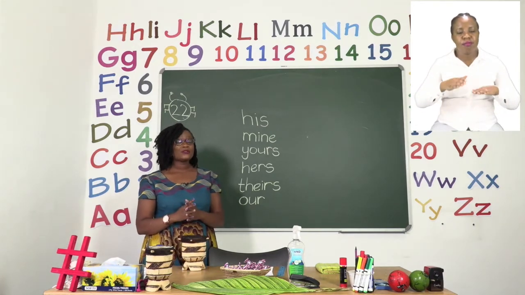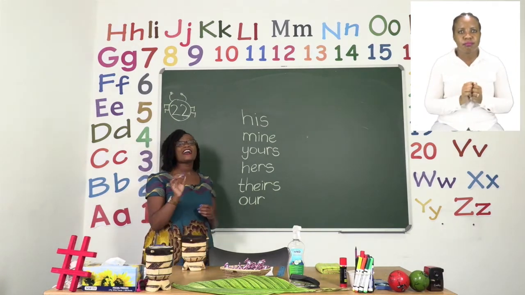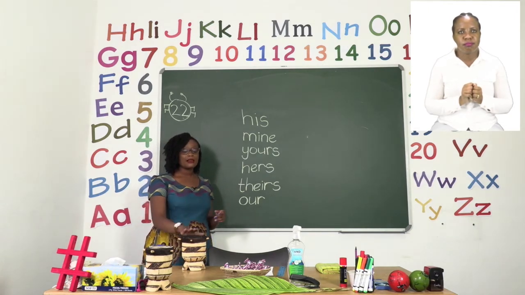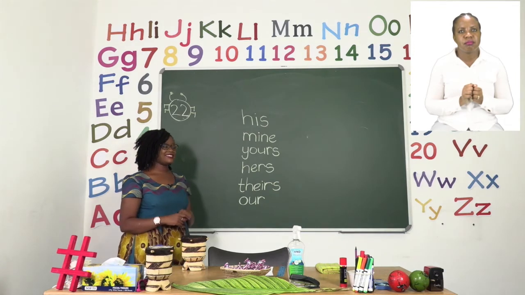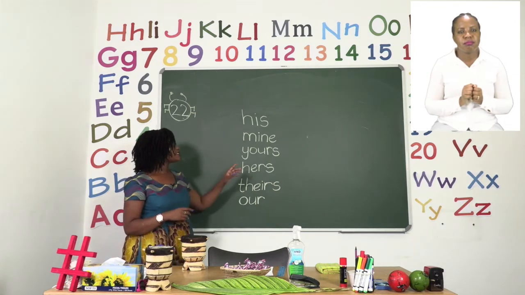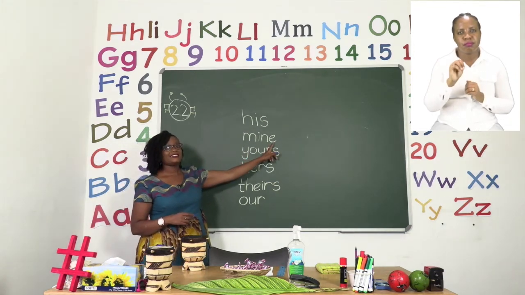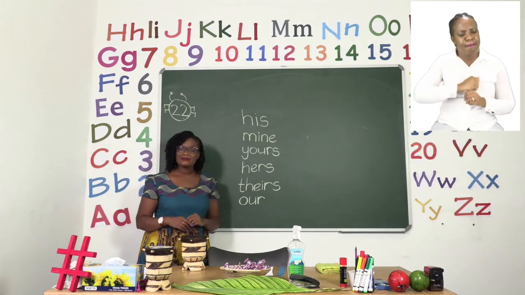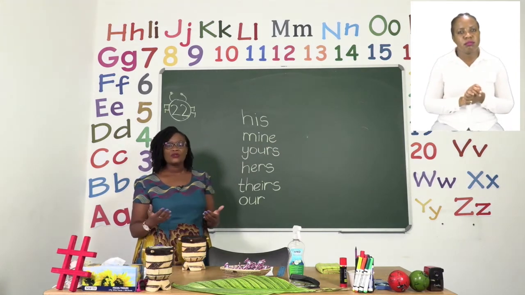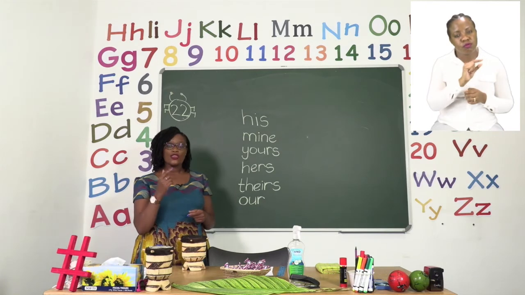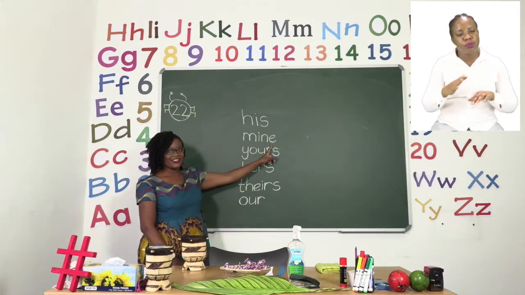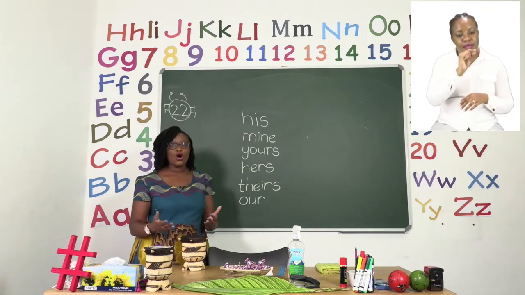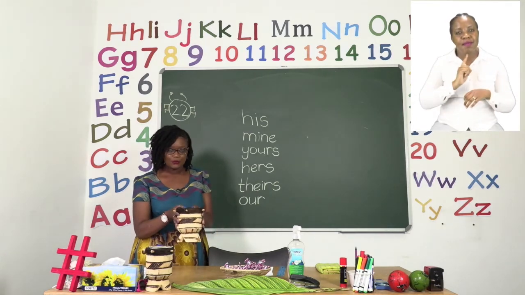Now, when we use the word his, as in his drum, we are actually saying the drum belongs to him. Very good. Now, the next one is the word mine. If we're going to make a sentence to show ownership, we can say the drum is mine to show that the drum belongs to you.